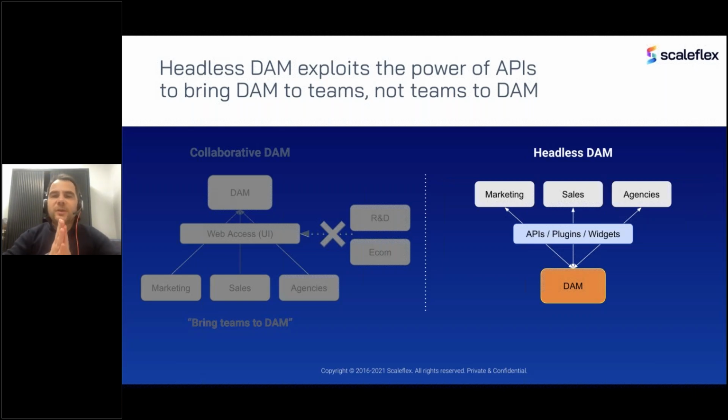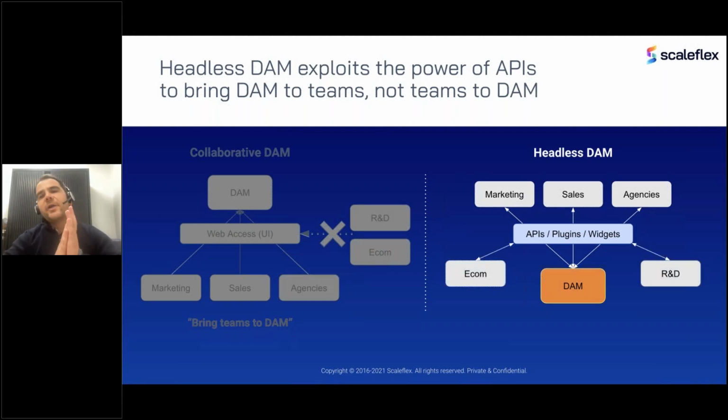So if we look here, we have basically a set of APIs, plugins, connectors, widgets, which will be used by marketing, by sales, by agencies, our same audiences that we had here on the left too, but also by R&D and e-com, in order to use the DAM as a unique or a universal media library for the entire organization.